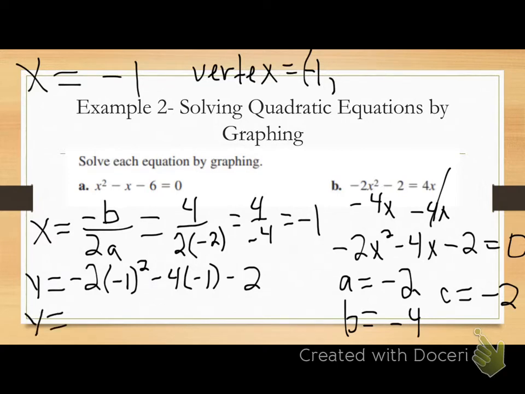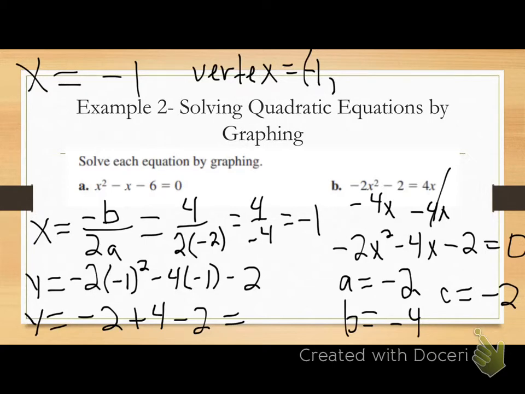What's negative 1 squared? 1. And then what's negative 2 times 1? Negative 2. What's negative 4 times negative 1? Positive 4. And then I still have my minus 2.